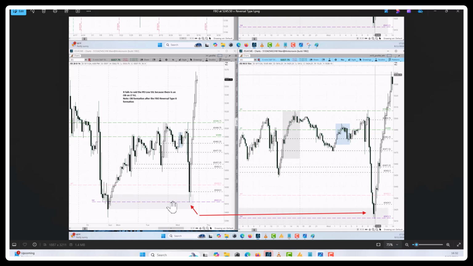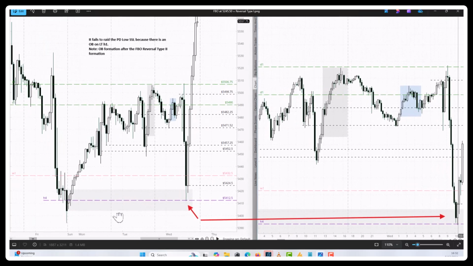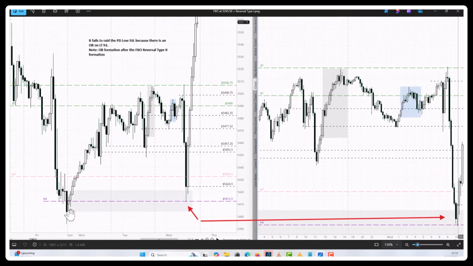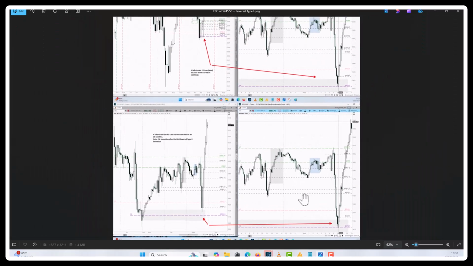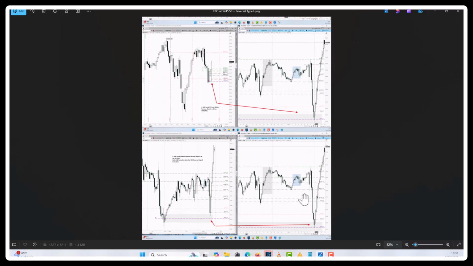So pay attention, maybe the order block is created in the type 2 reversal. Whenever you have a type 2 reversal, then that can be a very good order block. When it revisits the level, it will reverse.